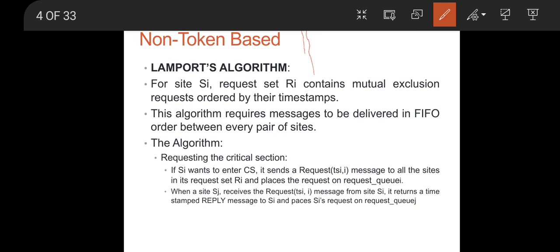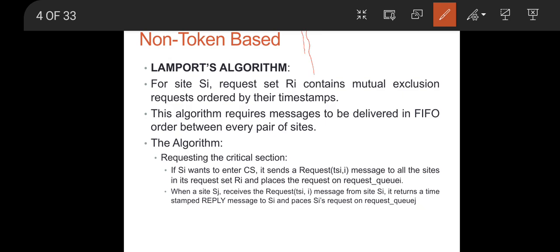In this chapter we are going to take two algorithms in the non-token based category and two algorithms in the token based category. In the non-token based category we are going to discuss Lamport's algorithm and the Ricart-Agrawala algorithm, and in the token based category we will be discussing the Suzuki-Kasami algorithm and Raymond's tree based algorithm.